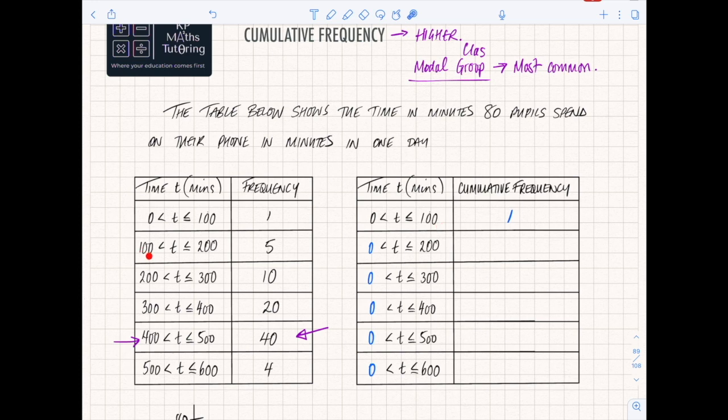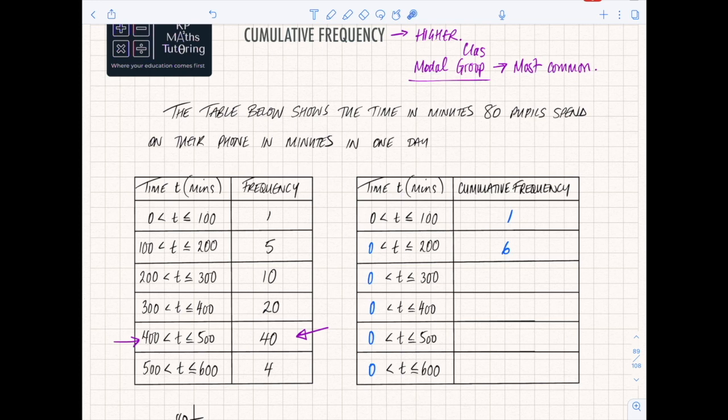But a minute ago I had 100 to 200 here, but for a cumulative frequency, what you'll have is this table that goes, okay, from 0 minutes to 200 minutes, how many people fit in there? So from here to here, how many people are there? Well, I've got one that fits in that group, and because I'm going from this point to this point, it's both of those added together. So therefore that's then 6.